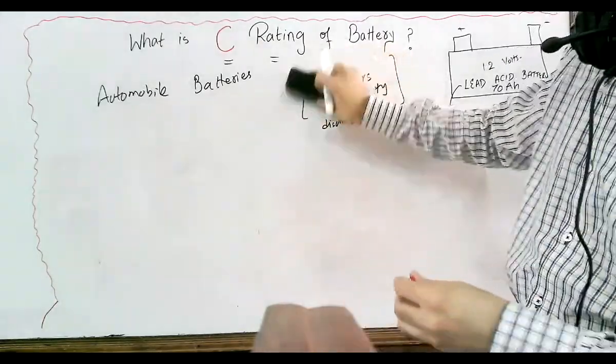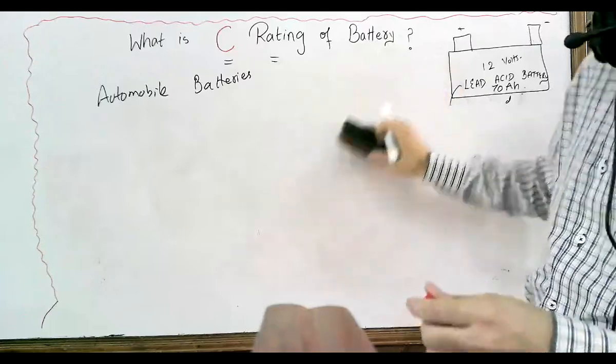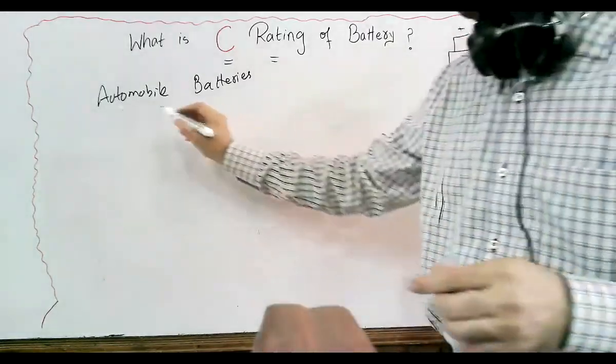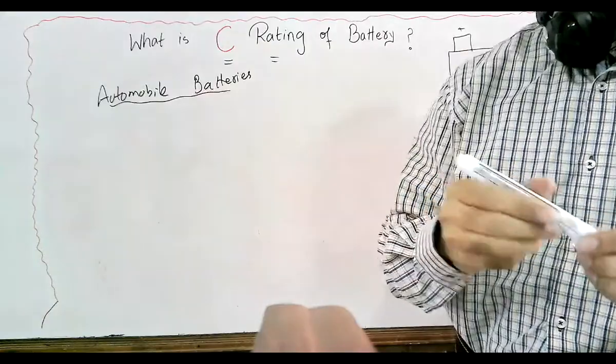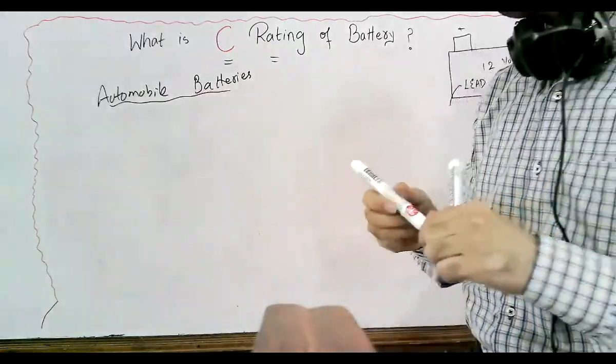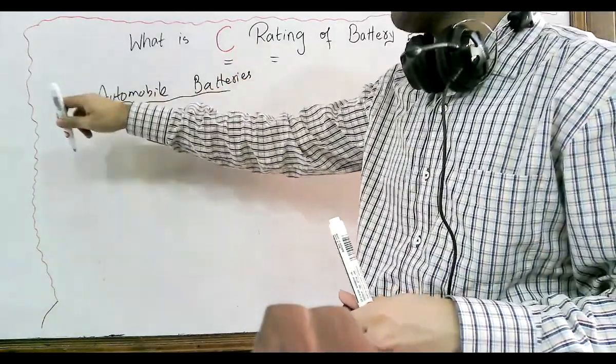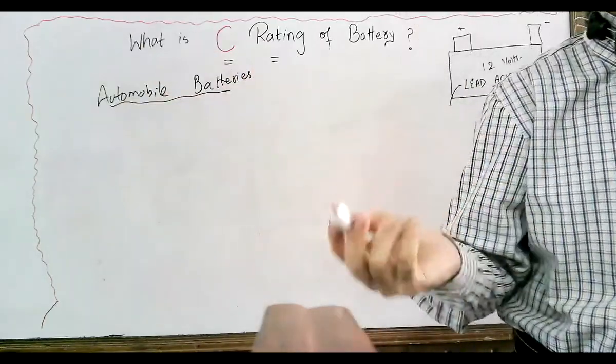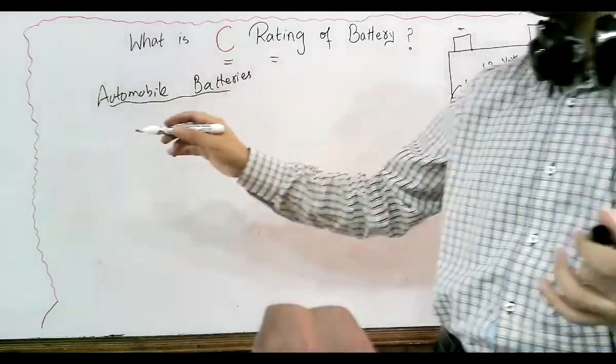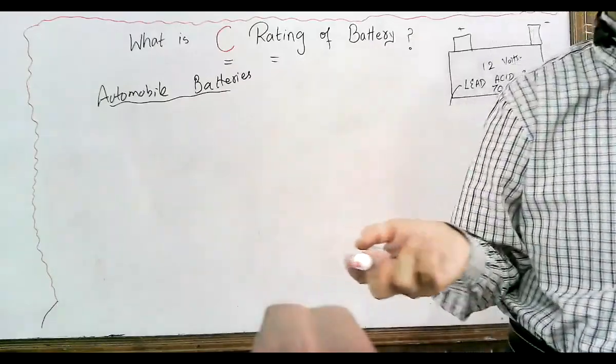Now let's understand what is C rating. Let's say you have an automobile battery, and as I told you, automobile batteries are not good for power backup, because automobile batteries are batteries which can provide high current.